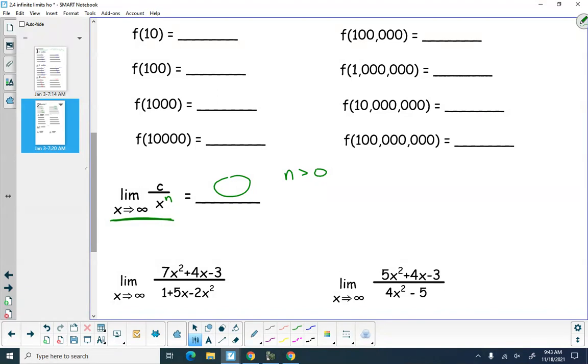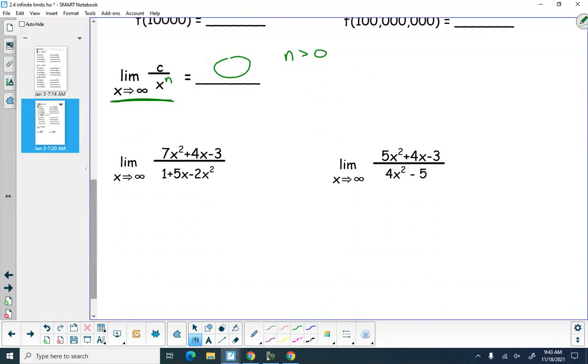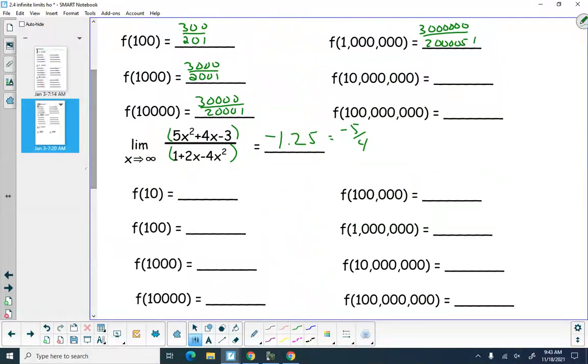Well, how do I utilize that idea in our problems? If we take a look at this problem up here, we're going to use a property of fractions, equivalent fractions.